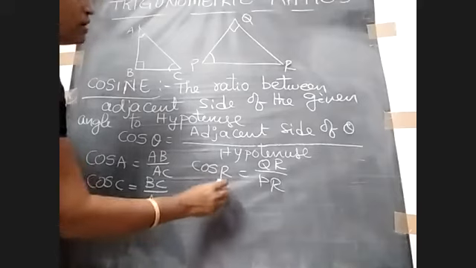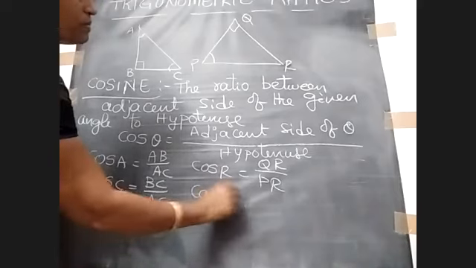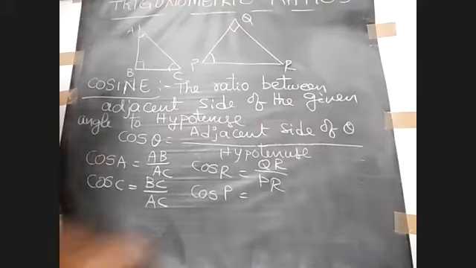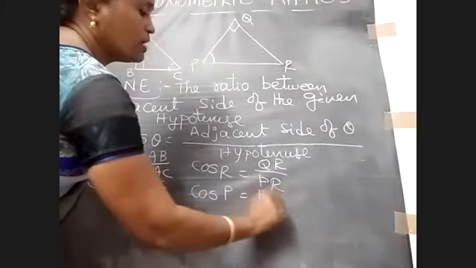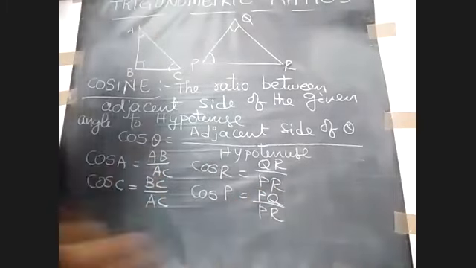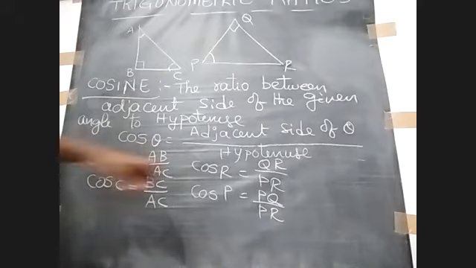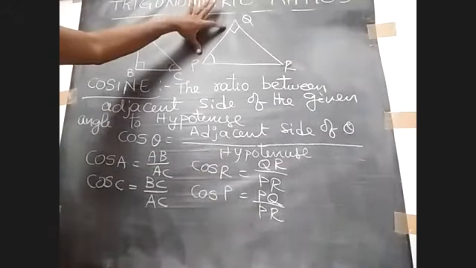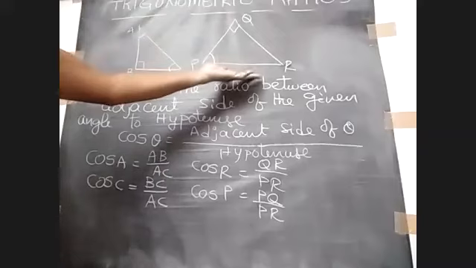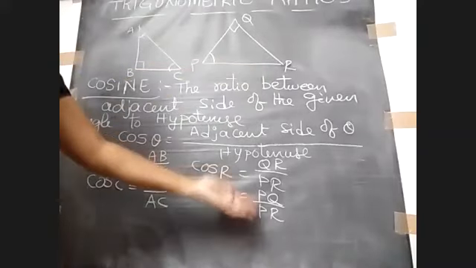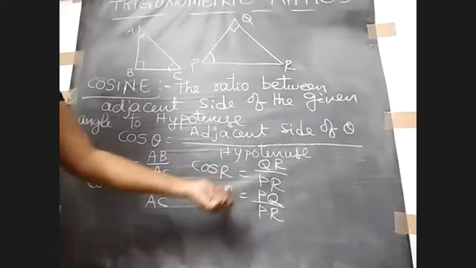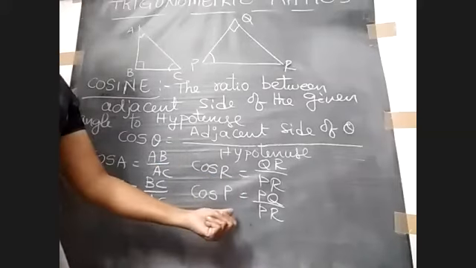And what is cos P? PQ by PR, ma'am. Not PR by PQ. PQ by PR. So the adjacent side to P is PQ and the hypotenuse is PR. So PQ by PR is the ratio between the adjacent side of P to hypotenuse, that is cos P.